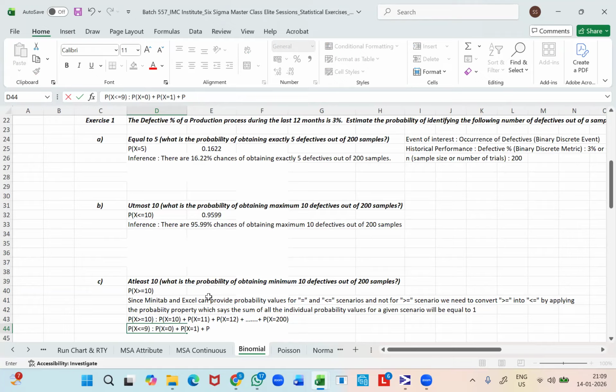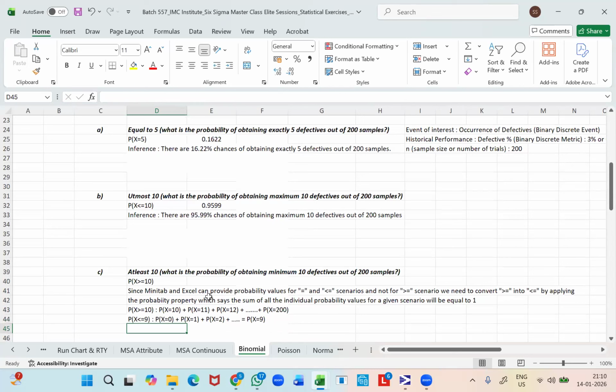So I know that P of X equal to 0 till P of X equal to 200 will be equal to 1 as per the probability property, right?